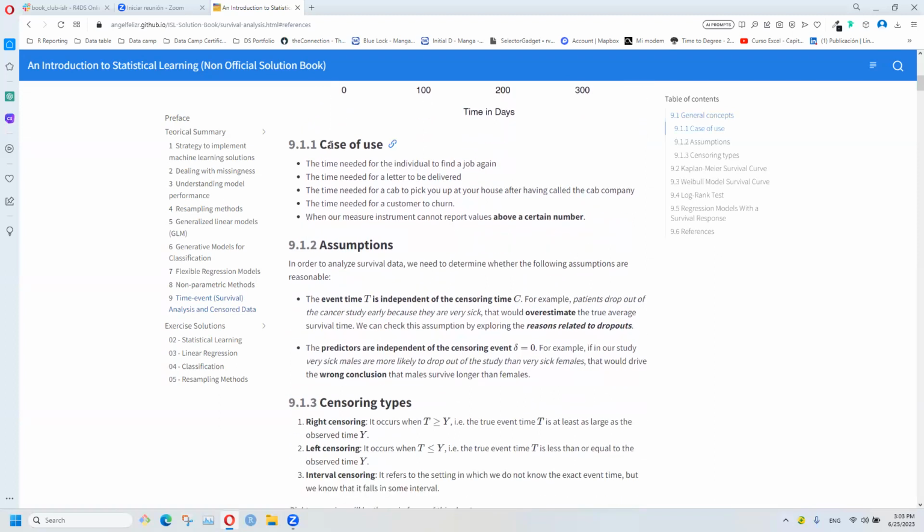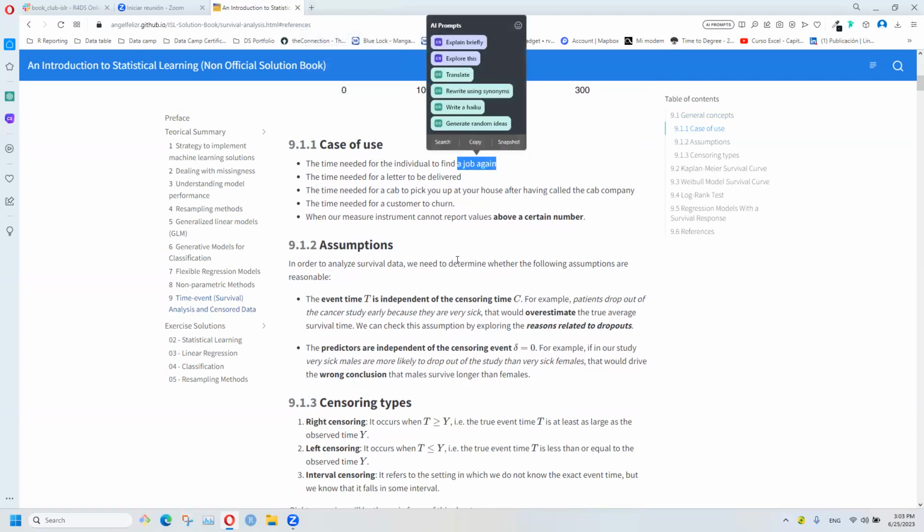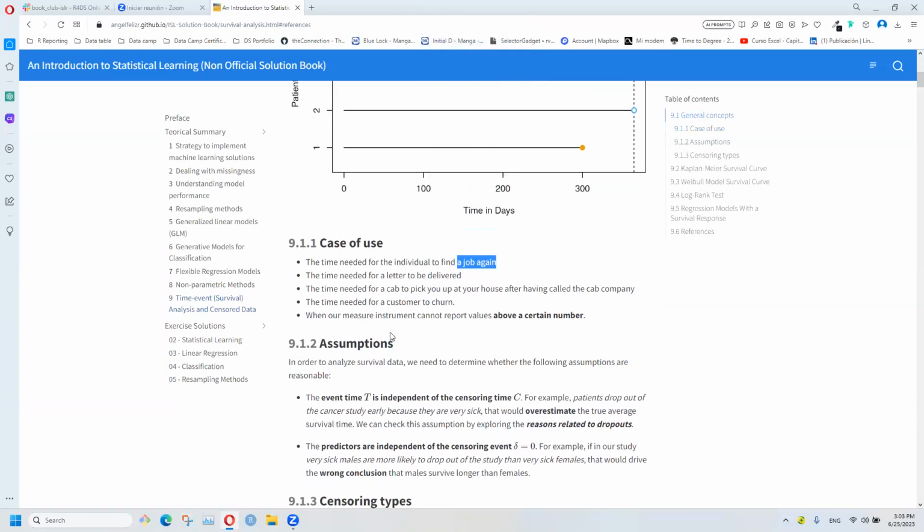Some use cases are when you need to know the time for an individual to find a job again. So it's like, oh, you lost your job. How many days or months do you need to find a new job?